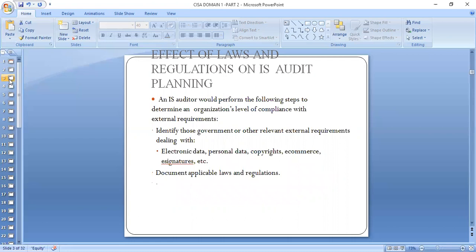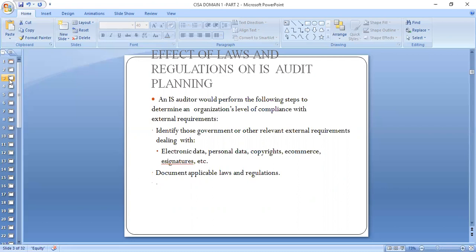It is very important when you are performing an IS audit to document those laws. Of course, this varies from country to country, sector to sector, and industry to industry. So we have to collate the relevant laws and regulations first.